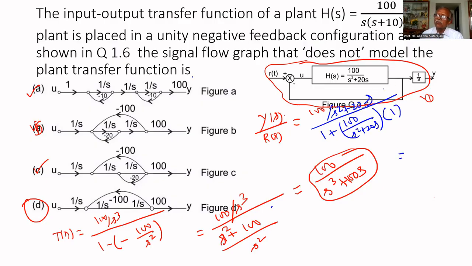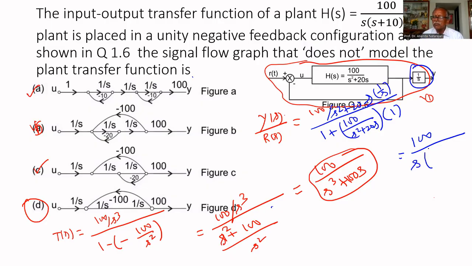So multiplied by 1 by S. This 1 by S is there. That's why 1 by S is the numerator. Therefore, this S square plus 20S is getting cancelled. Therefore, 100 multiplied by 1 by S divided by that S comes here.